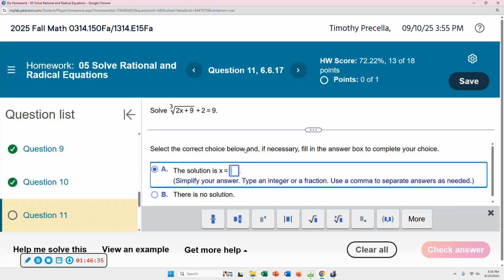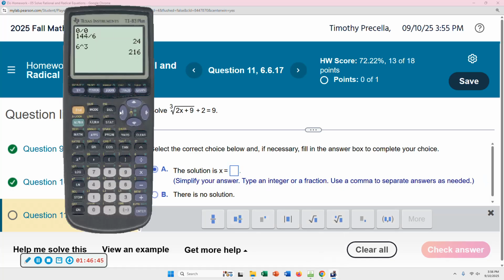If it were equal to 9, then that would be a 7, and 7 cubed is 343. You don't write this down, just pretend this is the problem. So we'd have 343 minus 9, which would be 334.